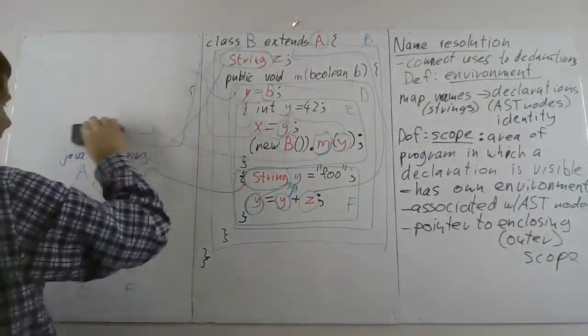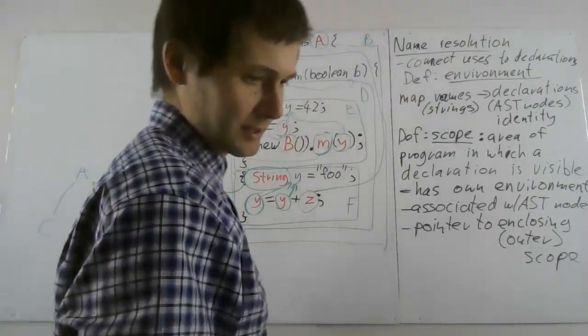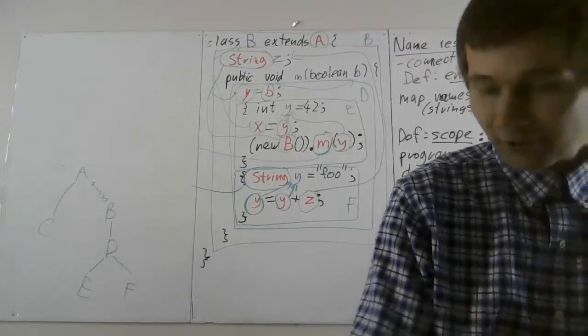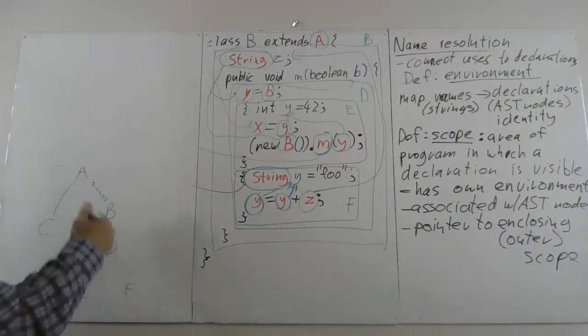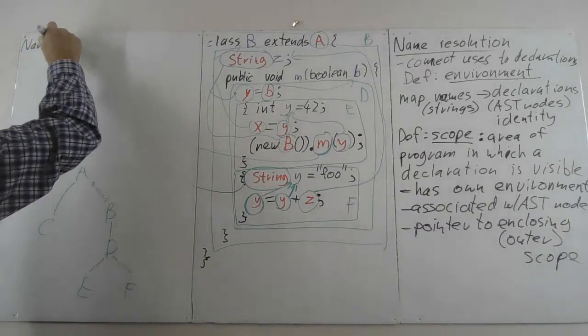Okay, so we're going to use these nested scopes to look up names, which is name lookup.